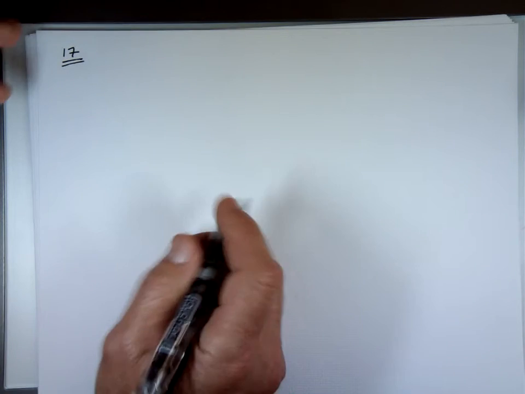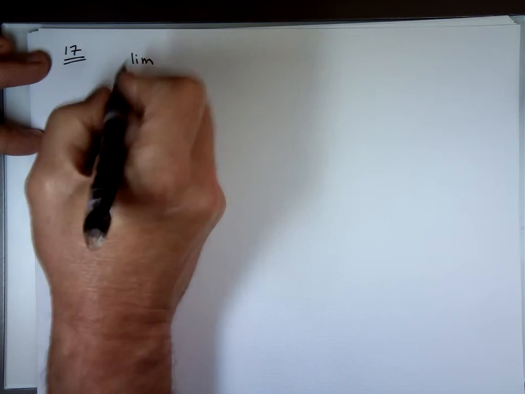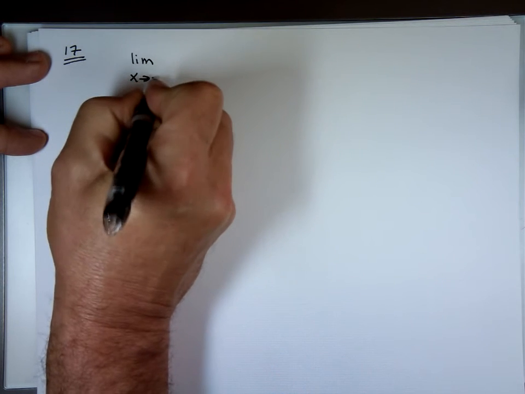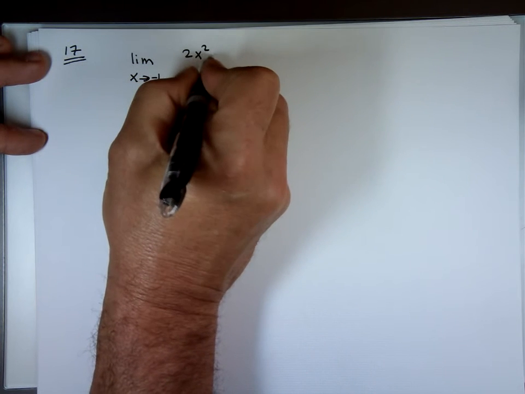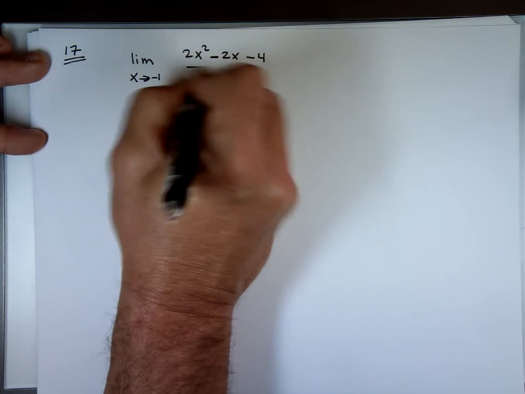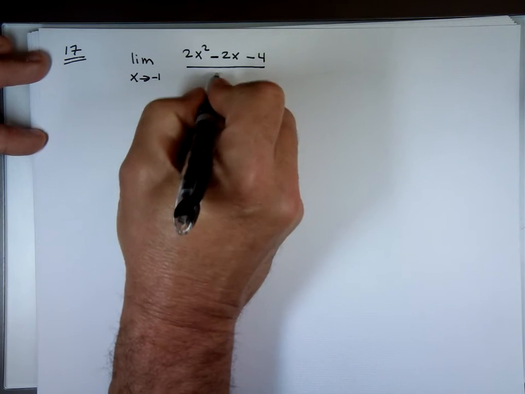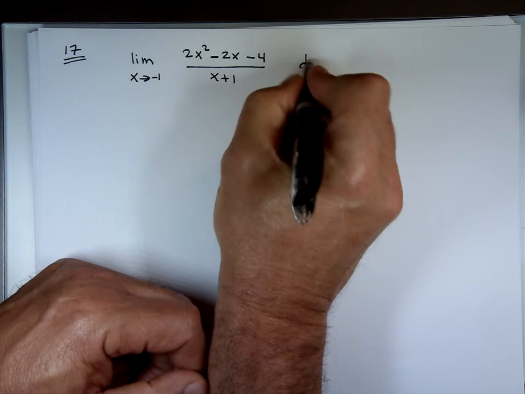This is straightforward. Find the limit as x approaches negative 1 of 2x squared minus 2x minus 4 divided by x plus 1. Again, direct substitution is always your first step.